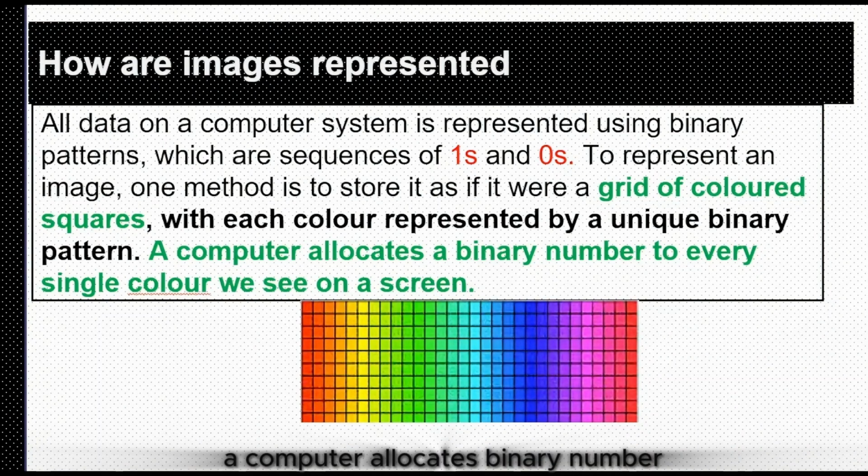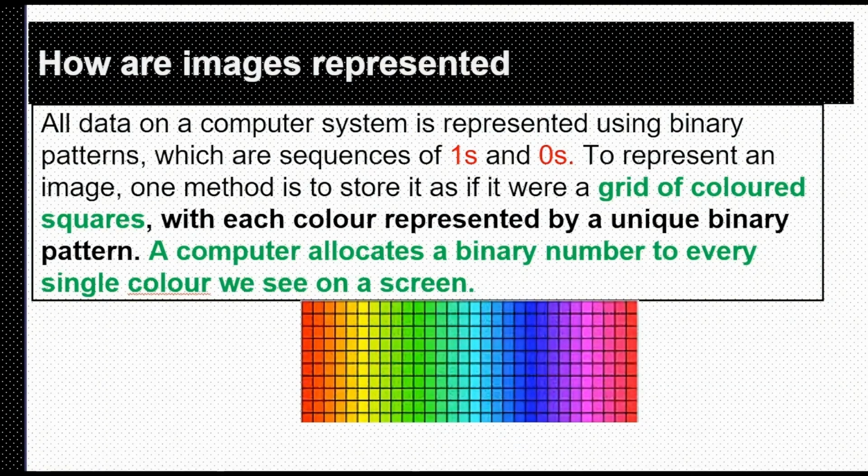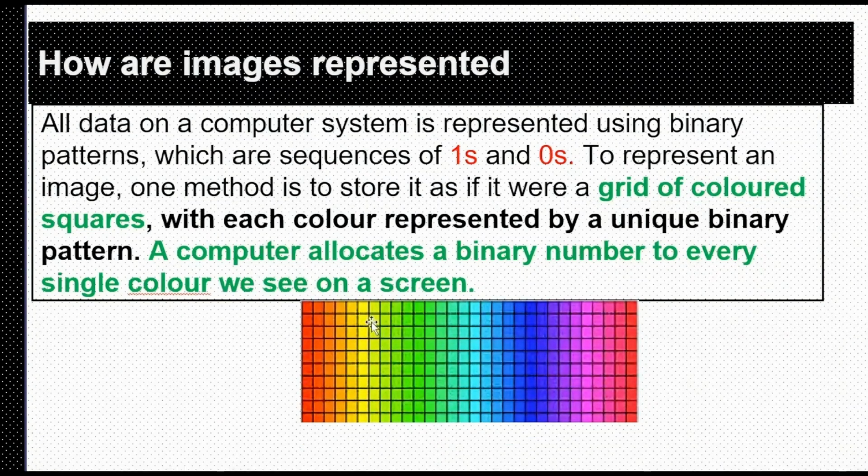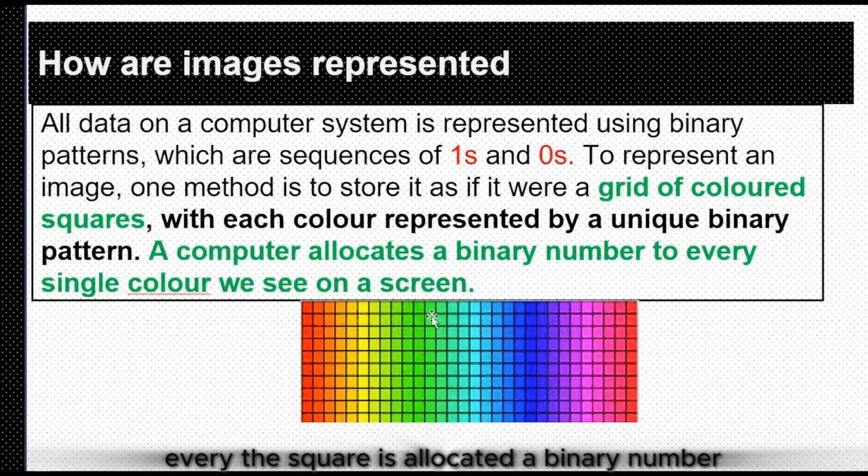A computer allocates a binary number to every single color we see on a screen. So, for example, if you look at this image, there's red, yellow, green, blue, pink, orange. Each square is allocated a binary number.